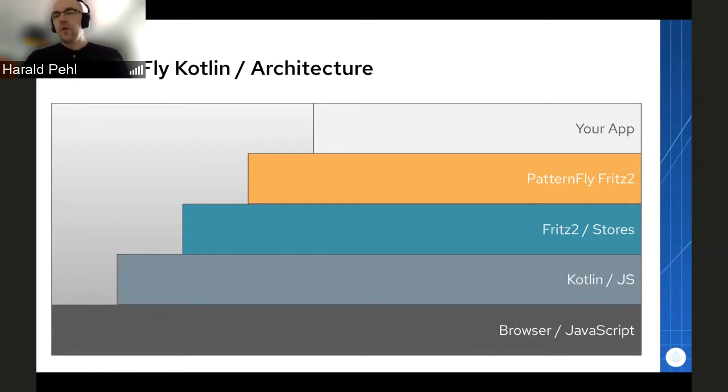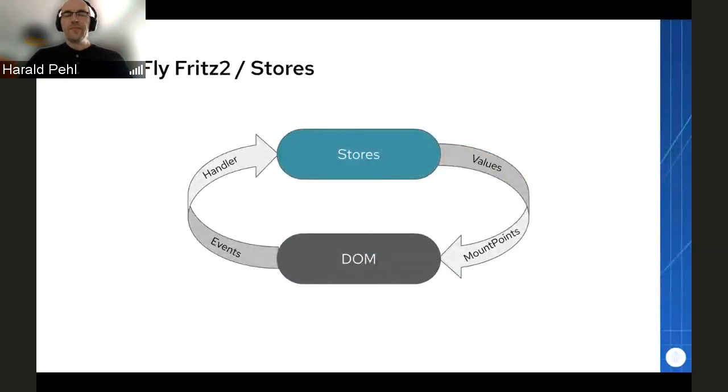If we want to use this PatternFly Fritz2, currently there are a couple of components available. I'm trying to catch up as quickly as possible. It's not all done yet, so there are a couple of components I still need to implement. But there are some available, and we will see how this looks in a moment.